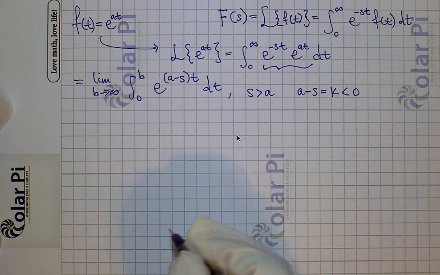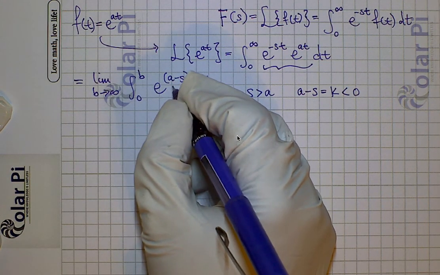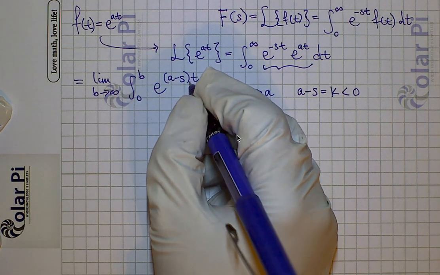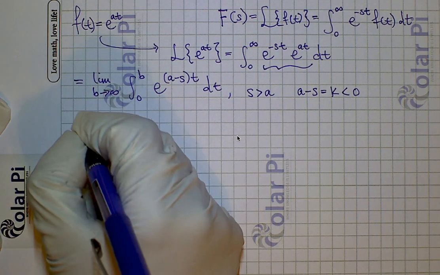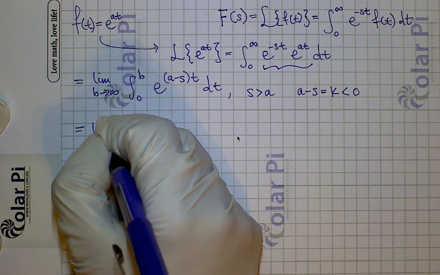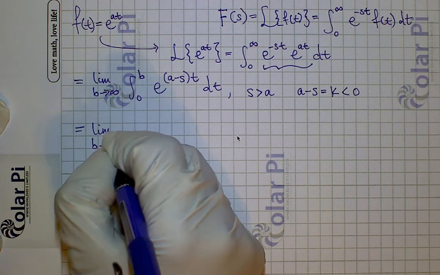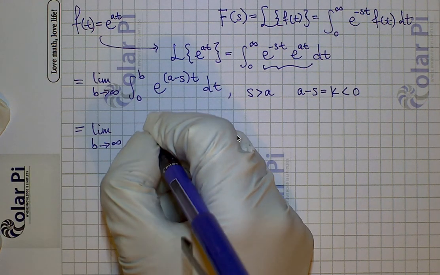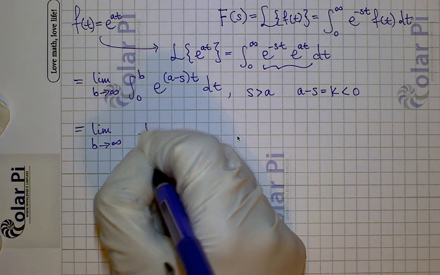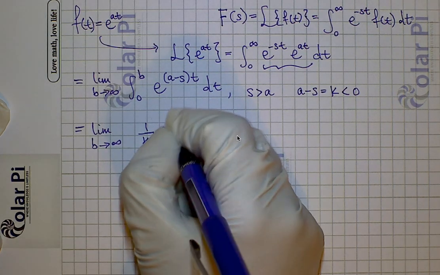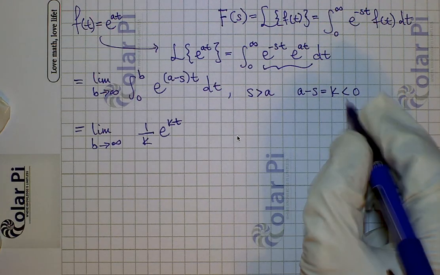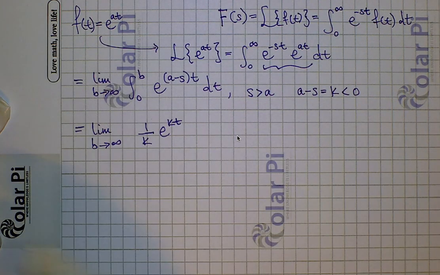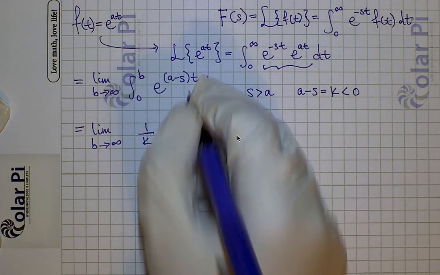Otherwise, the antiderivative of e to the kt is 1 over k times e to the kt. So we write that what we have is the same as limit as b goes to infinity of 1 over k times e to the kt, for the antiderivative of e to the kt, remember I've already said a minus s is k, so our integrand is really e to the kt.